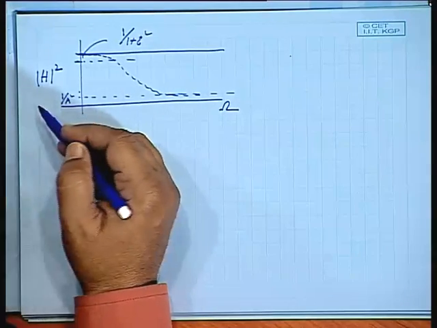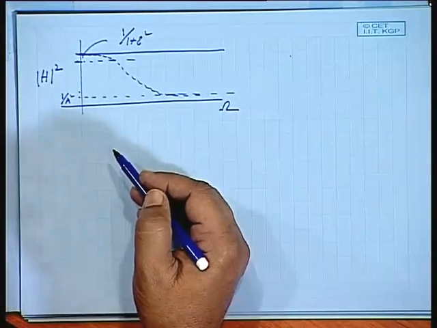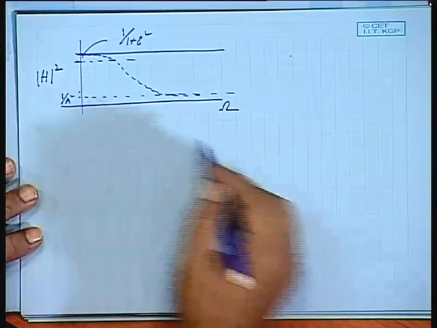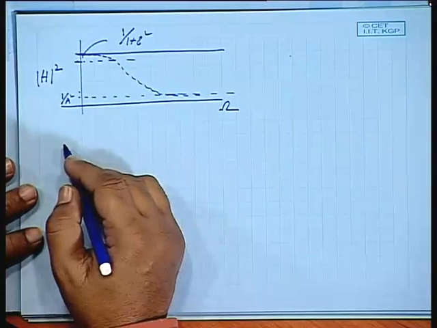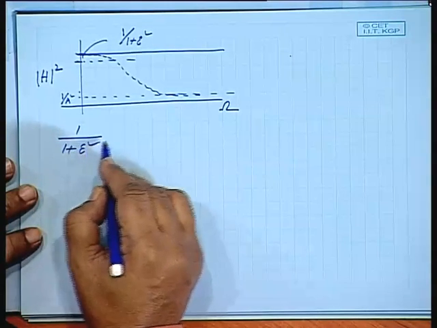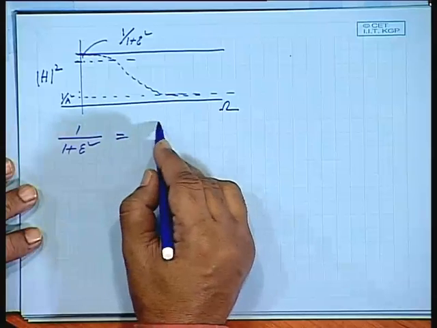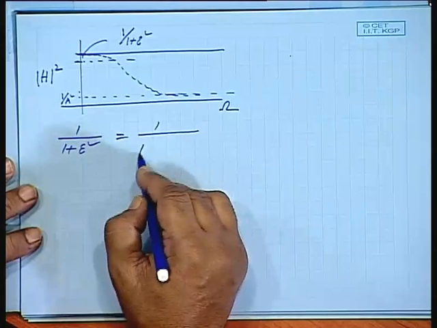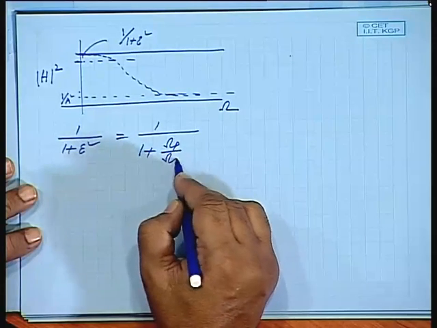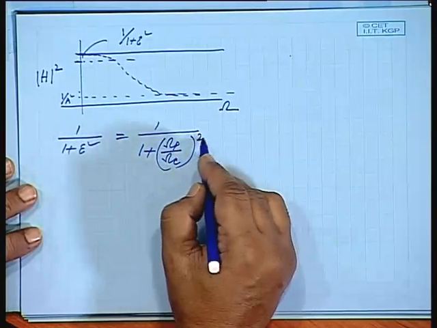If this magnitude is squared, then this is how we are specifying the filter. So, 1 by 1 plus epsilon squared will be 1 by 1 plus omega p by omega c to the power 2n.